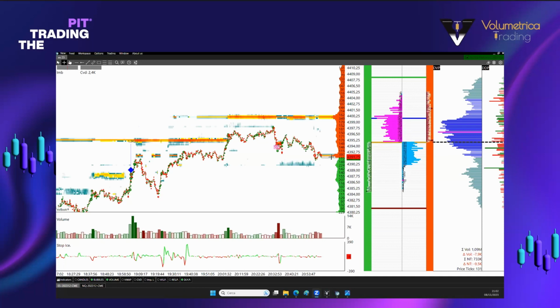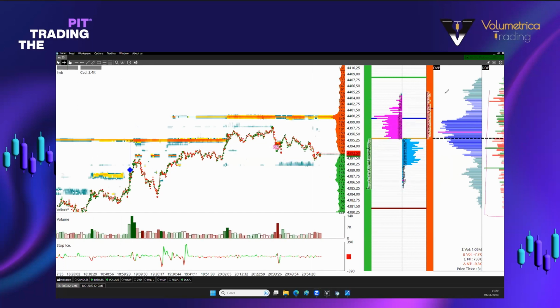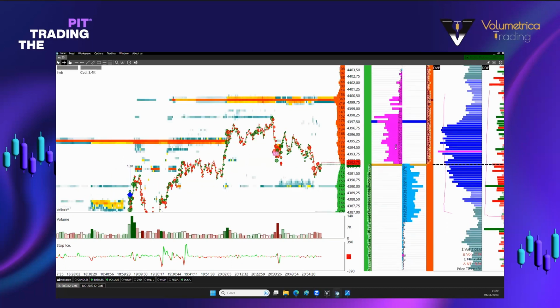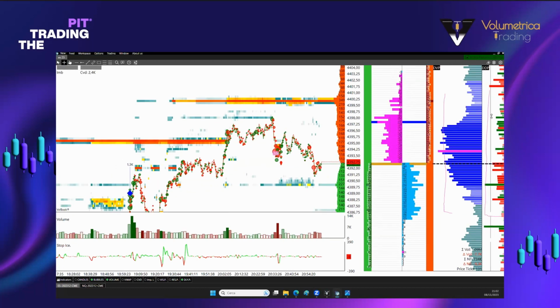Right. So the three profiles on the right hand of the screen, are they volume profiles or which type? Good question. Basically, let's start from the two profiles at the very right hand side. That's a delta daily profile, and the one here in the middle, that's a daily volume profile.